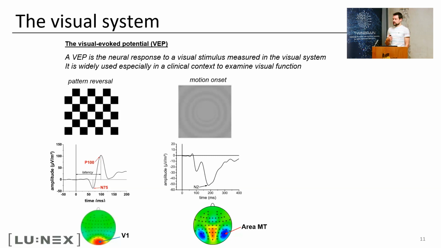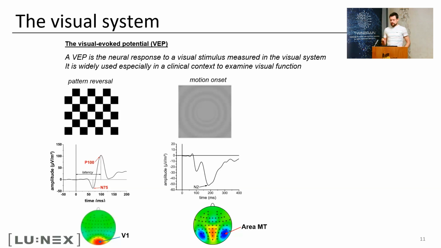And in around 50% of the participants, you will also see the so-called N145, a negative potential around 145 milliseconds after the stimulation. You do not see it all the time, so typically we are investigating the first 2 of these potentials. I will show you in a minute what these potentials mean.